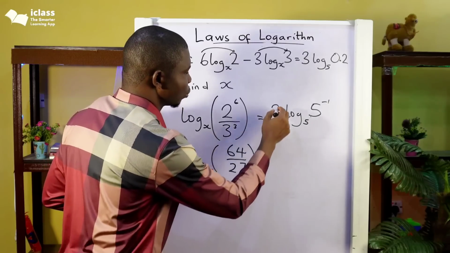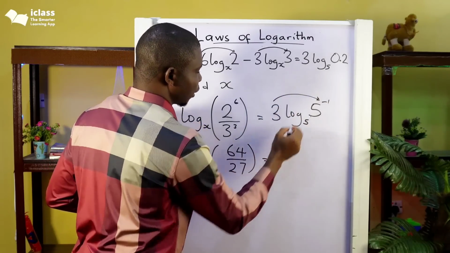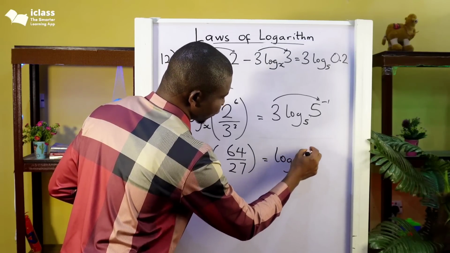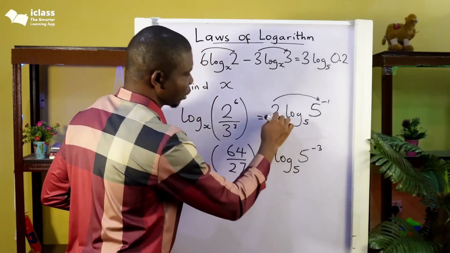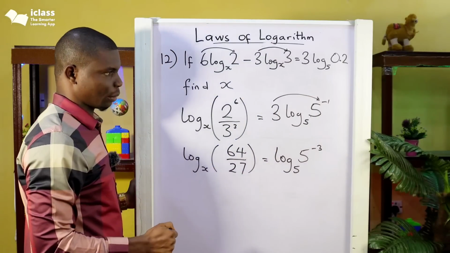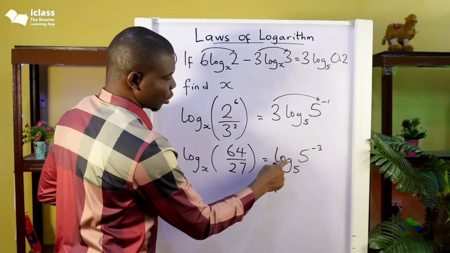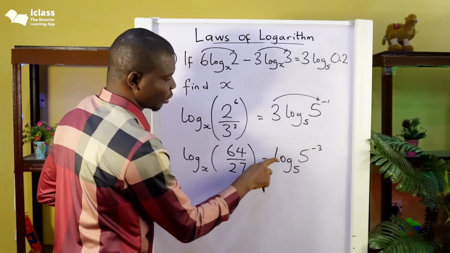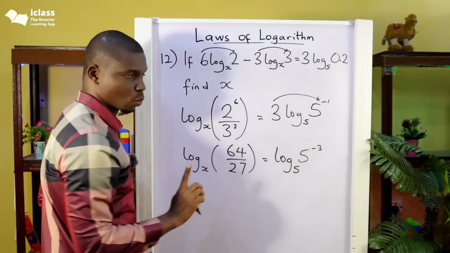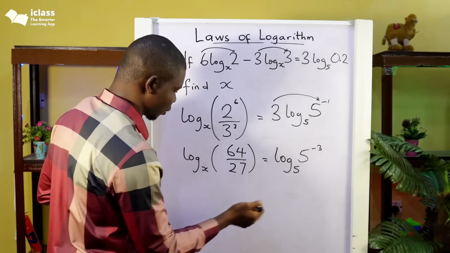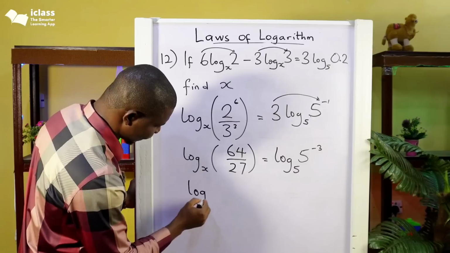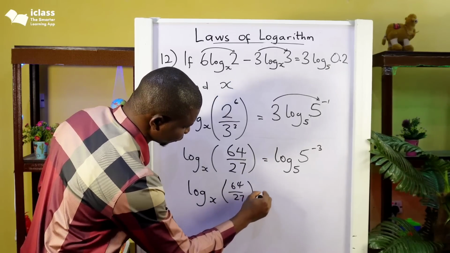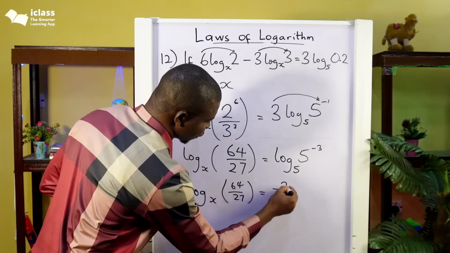This is equal to, I can take this here so that we have log base 5, 5 raised to power minus 3. 3 times minus 1 is minus 3. So this will be minus 3 times 1. You know, log base 5 of 5 is 1. So minus 3 times 1 is minus 3, right? So log 64 over 27 is equal to minus 3.